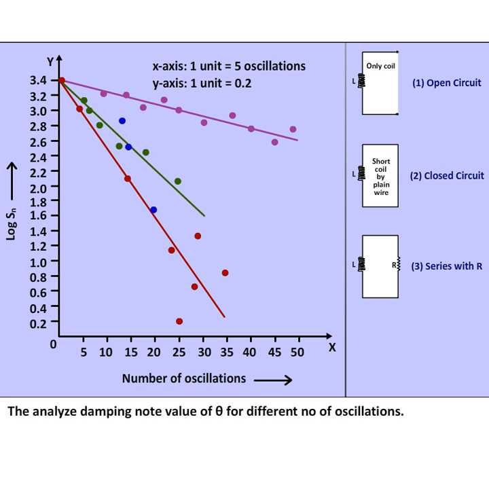Number 3, a resistance is connected in series with the coil. And number 4, a capacitor and diode are both connected in series with the coil. The graph on the screen simultaneously shows the damping for different circuits.